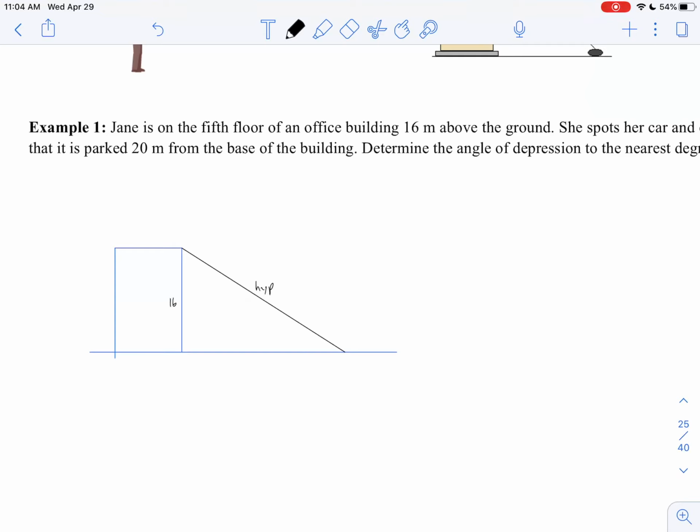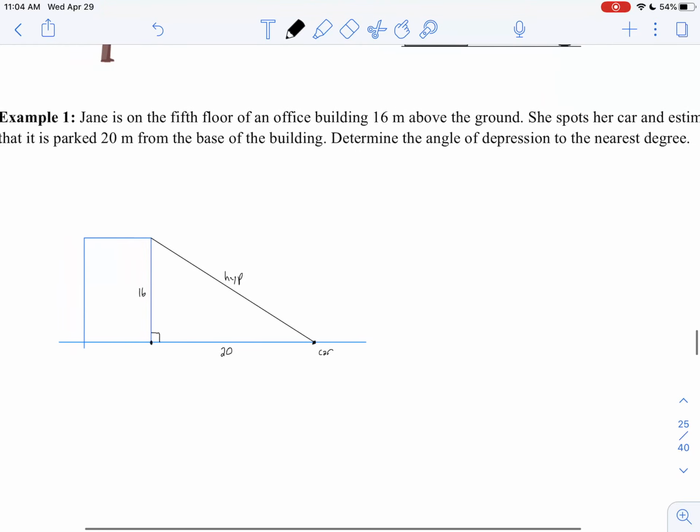She's saying that the car, let's say this point is the car right here, from the car to the base of the building, that is 20 meters. For the foreseeable future, all buildings hit that perfectly flat ground at 90 degrees. It's a math problem thing. We can assume that is true. So I'm going to draw my 90 degrees in there. And then we're saying determine the angle of depression to the nearest degree.